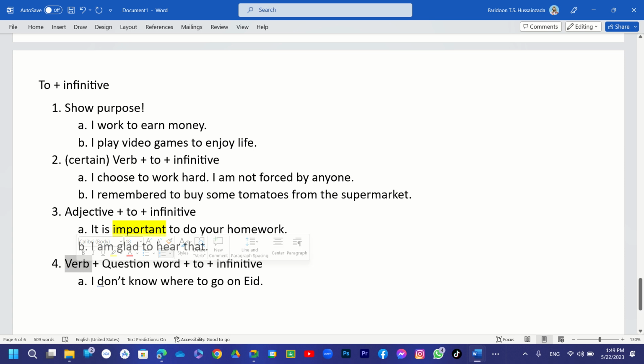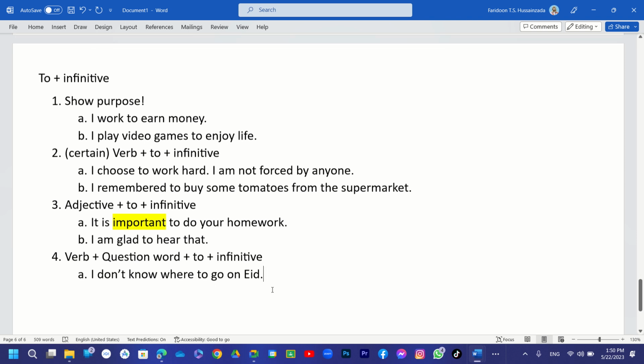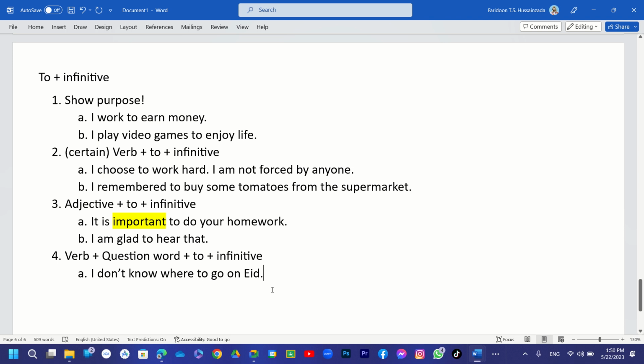The verb is don't know. It's the negative one. You can put the positive one as well. The question word is where. You can use the other WH words as well, like what, who, which, how. And after that, you have to plus infinitive. I don't know where to go, right? Very, very easy. Any questions on to plus infinitive and its patterns?